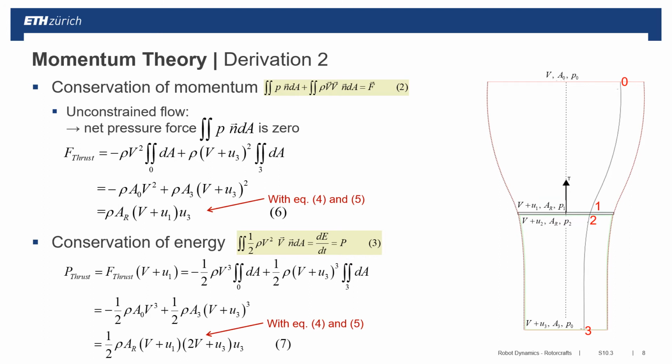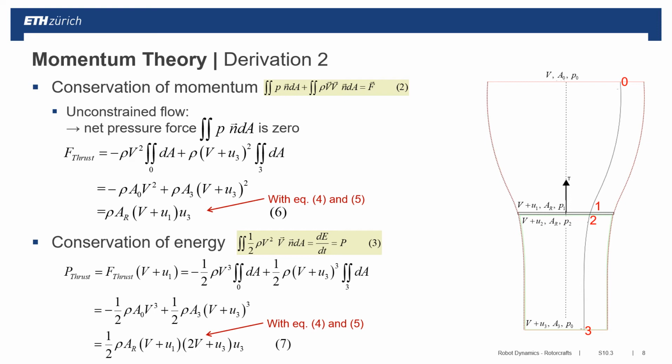Now, the power we can actually calculate by the multiplication of the force by the speed at the rotor surface. This is then equal to the integral over the surface of the cube of the speed of the fluid through the surface, and the difference between the inlet and the outlet of the whole system.